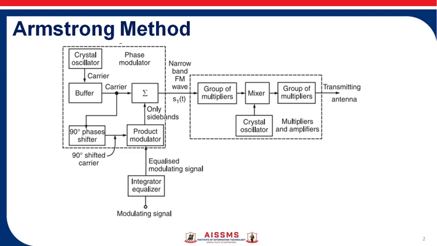So what happens if you apply the modulating signal through the equalizer instead of directly applying it to the product modulator? Because in phase modulation, the variation in the phase of the carrier signal depends on the amplitude of the modulating signal and the frequency of the modulating signal.